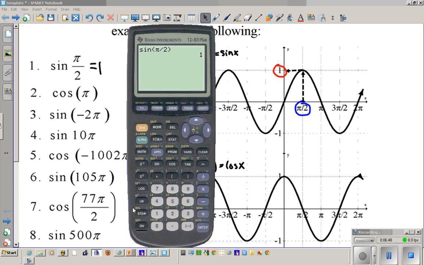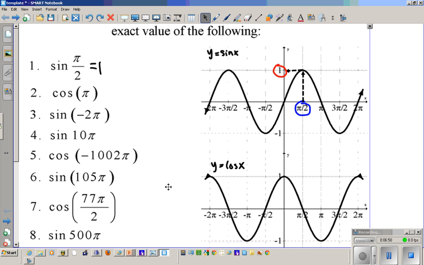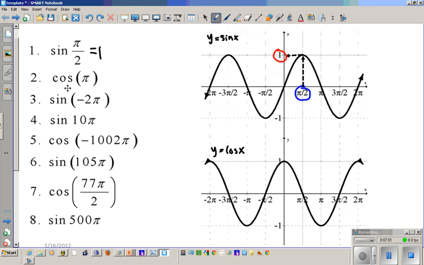Okay? All right, let's go on to cosine pi. Cosine pi, what graph are we going to use? This is a sine one, no, so we're going to use a cosine one, which is the one on the bottom here. Cosine pi, we're going to go from number to the graph to the y. All right, so we're starting from pi on the x-axis, this one right here. Do I go up or down?